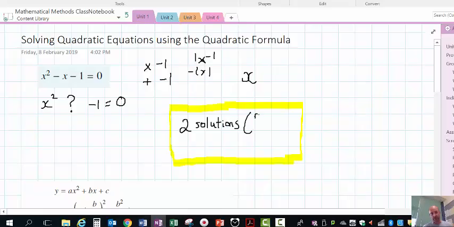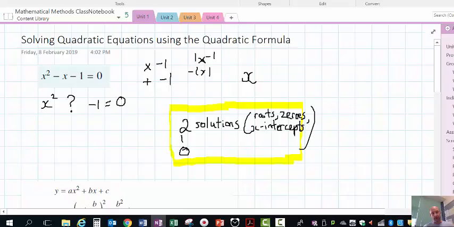Other words for solutions are roots, zeros, x-intercepts. Those words essentially refer to the same thing in different contexts.